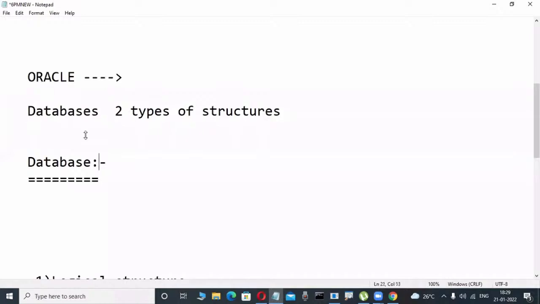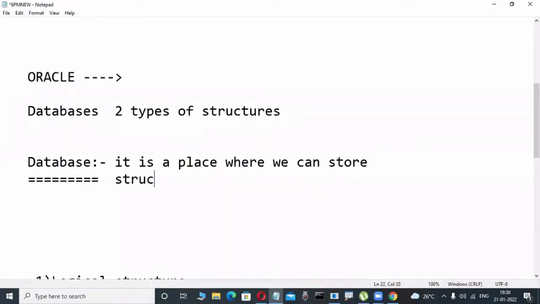Anybody observing on Google or in books will see it is a place, don't read it, where we can store, in a computer system, a structured collection of data. They only say where we can store a structured collection of data. What is data, what is information, what is DBMS, that is later.